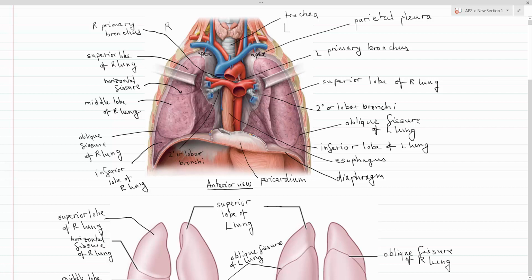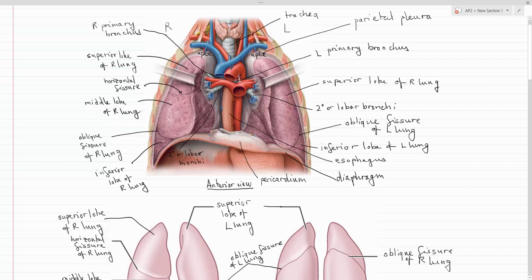This is the pulmonary trunk over here that divides into the left and right pulmonary arteries. Here's the aorta, ascending aorta, aortic arch, etc. These are the brachiocephalic veins. That's the right brachiocephalic vein. That's the left brachiocephalic vein.